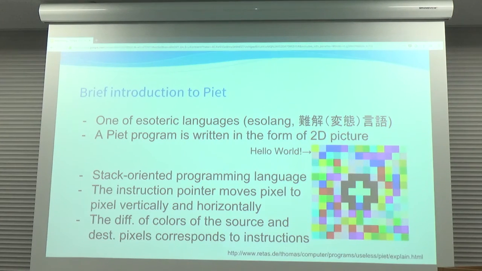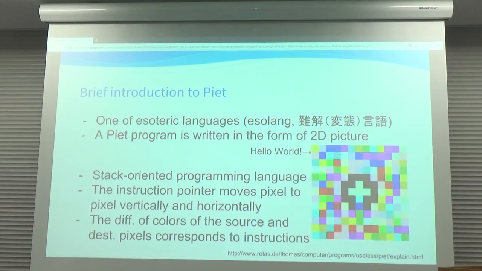First, a brief introduction. Piet is one of the esoteric languages. In Japanese, it is a difficult or perverted language. A Piet program is written in the form of a two-dimensional picture like this. This is a Hello World program.